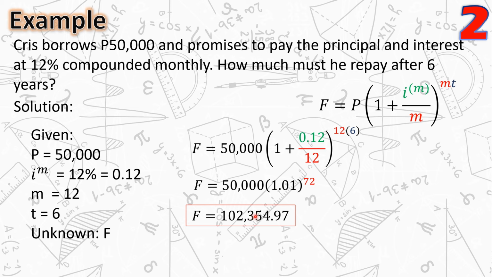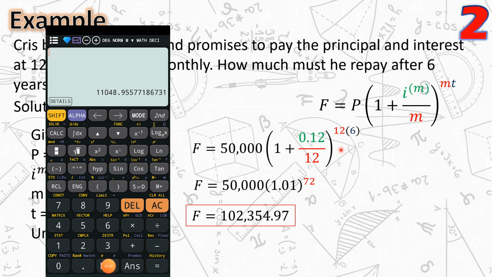Let us check using our scientific calculator and let us input all the values in the formula as it is shown. So in our calculator, that will be 50,000 times parenthesis 1 plus 0.12 divided by 12 close parenthesis raised to 12 times 6.